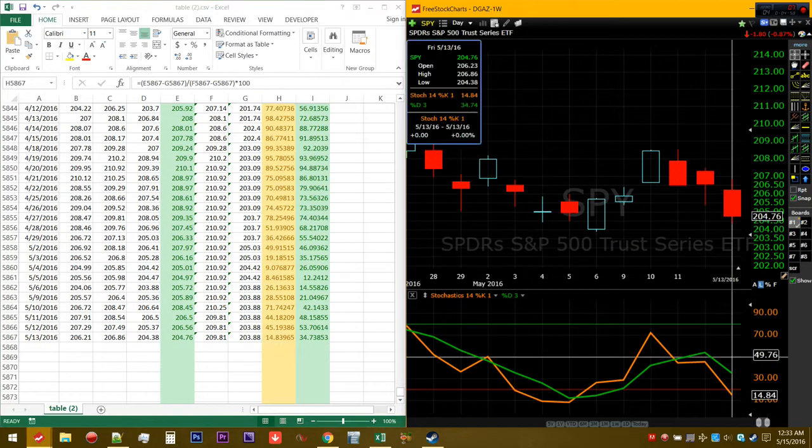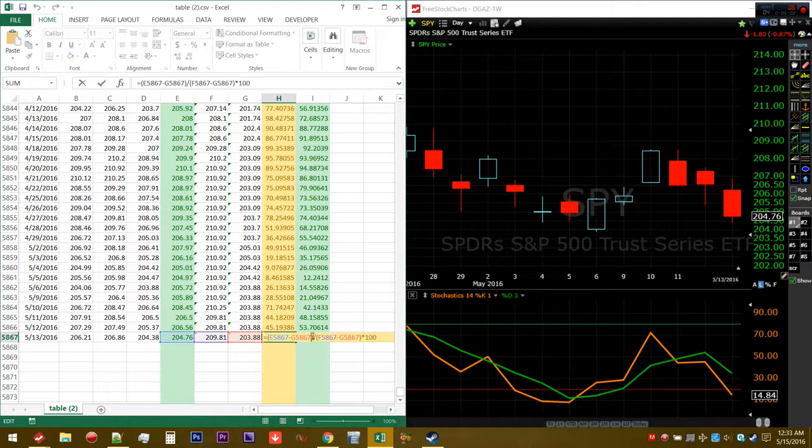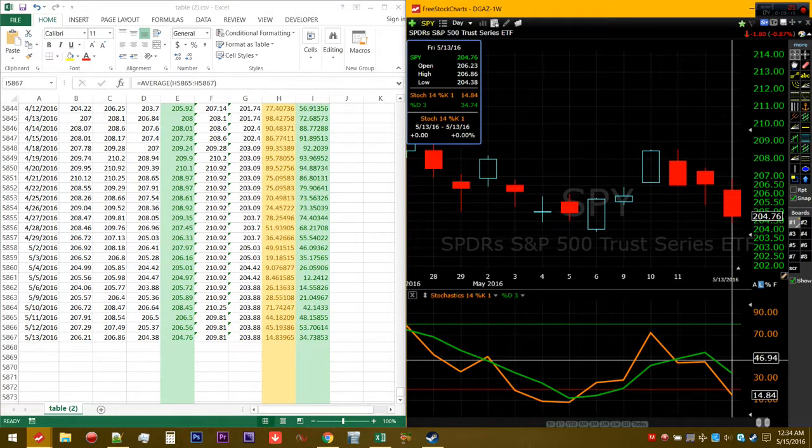Our charting software returned the same exact value, 14.84, and the 3 SMA value, smoothing the %K, on the 13th is 34.74. Our charting software returned 34.74.